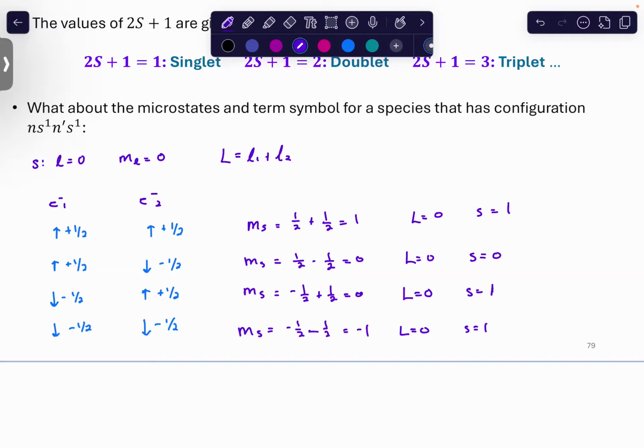Even though the second from the bottom looks like it should be a spin of 0, you have those two microstates right in the center. One of them has to be under the triplet term symbol. The last one is under the singlet term symbol, because a singlet takes a singular spin state.